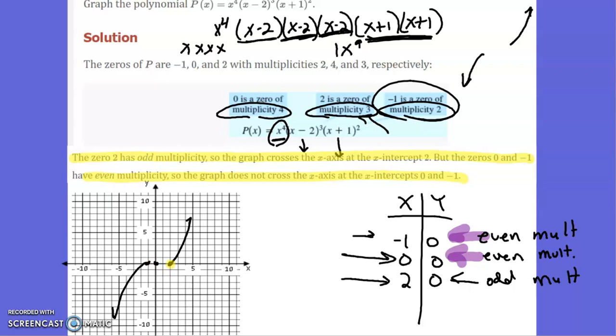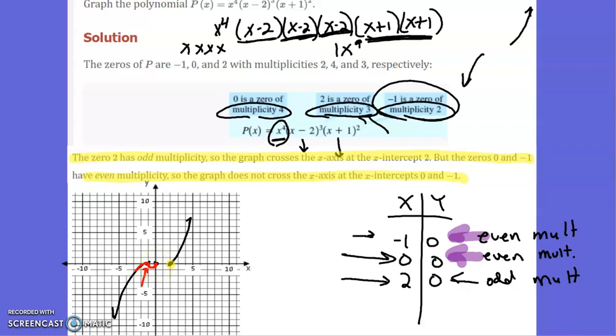On the even multiplicities, it does not cross the x-axis. In between -1 and 0, -1 is an even multiplicity, so it does not change the y value. It actually goes below, so it comes up and comes back down.